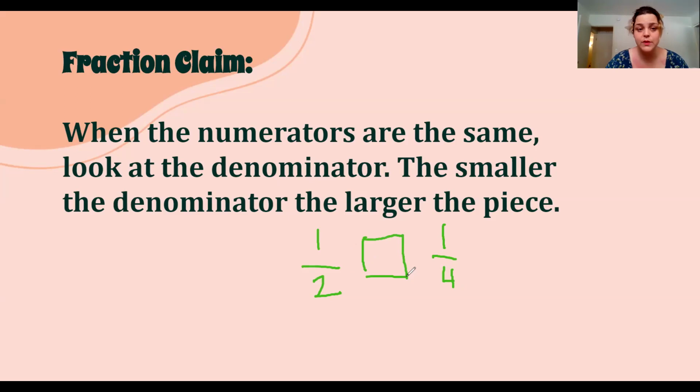Well, it seems, based on this claim, that the smaller the denominator, the larger the piece. Well, the denominator in 1/2 is a 2, which means that the piece would be larger, because 4 means that the piece would be smaller, right? Those pieces would end up being smaller.